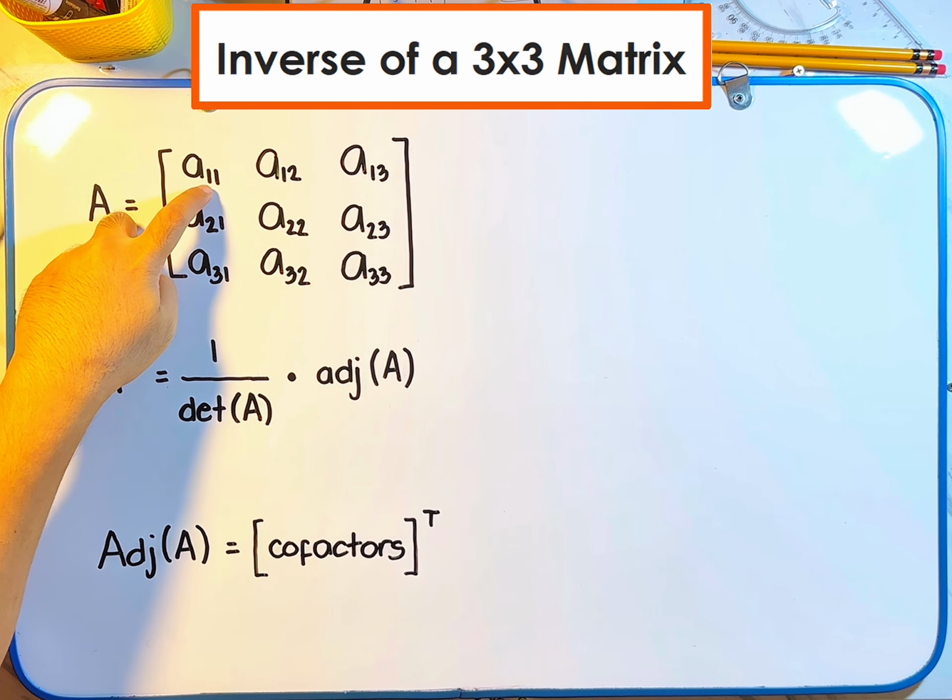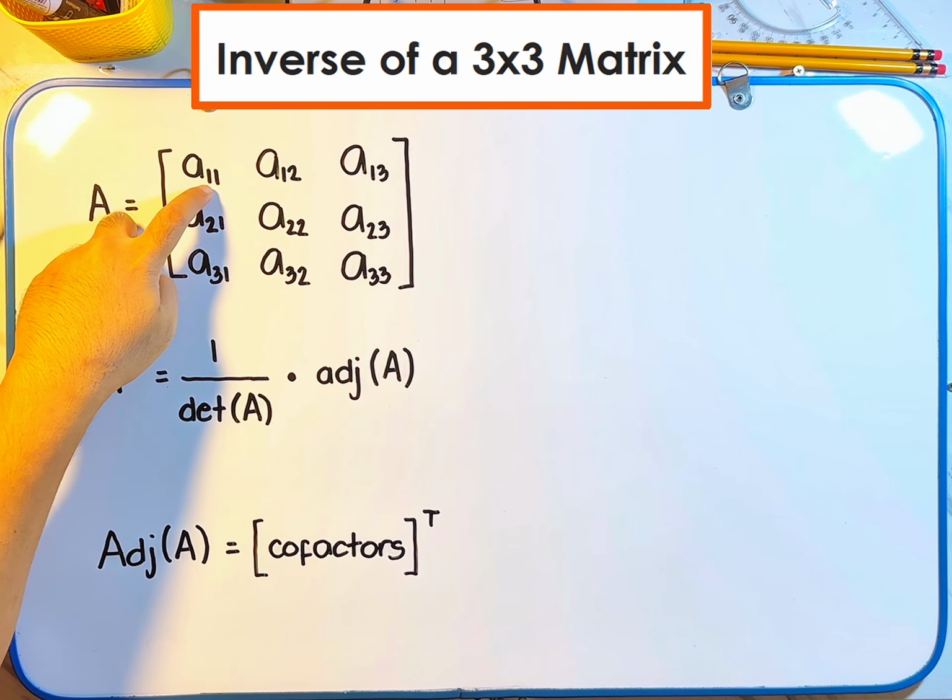So let us solve the minors of matrix C. The minor of the element in the first row, first column, is the determinant of the remaining 4 elements. So 1 times 0 is 0, and then 6 times 4 is 24. 0 minus 24 is negative 24.